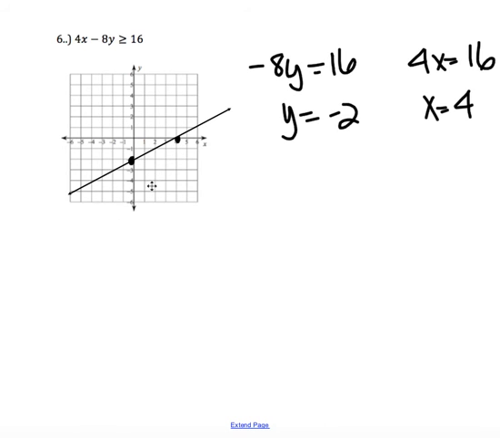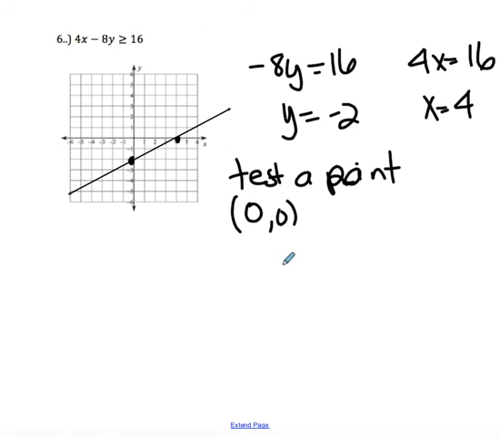Now for step 3, shading. When you're in standard form using intercepts, you do need to test a point for step 3. 0, 0 is the easiest point to test, so I'm going to test the point 0, 0.